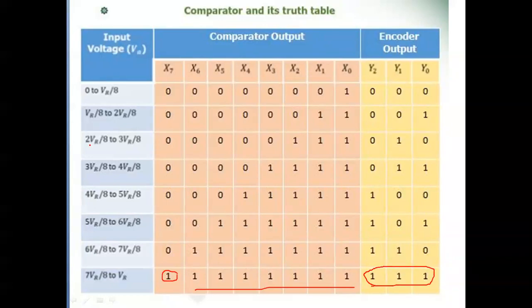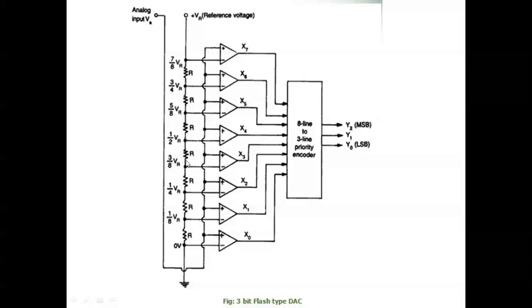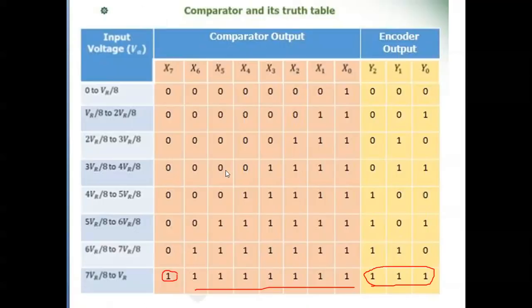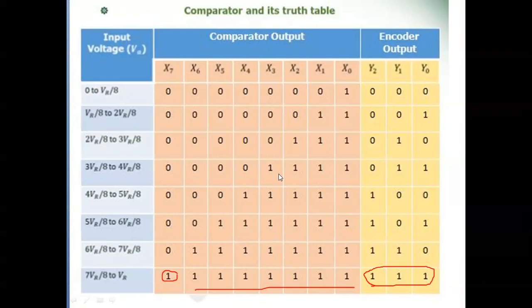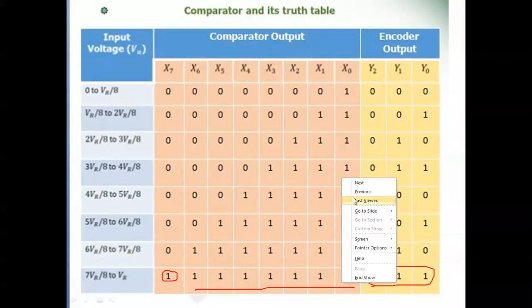If we take any other level, say 3 by 8 VR to 4 by 8 VR, this is the fourth comparator. So for the fourth bit it will take: fourth bit is 1, third bit is 1, second bit is 1, first bit is 1.